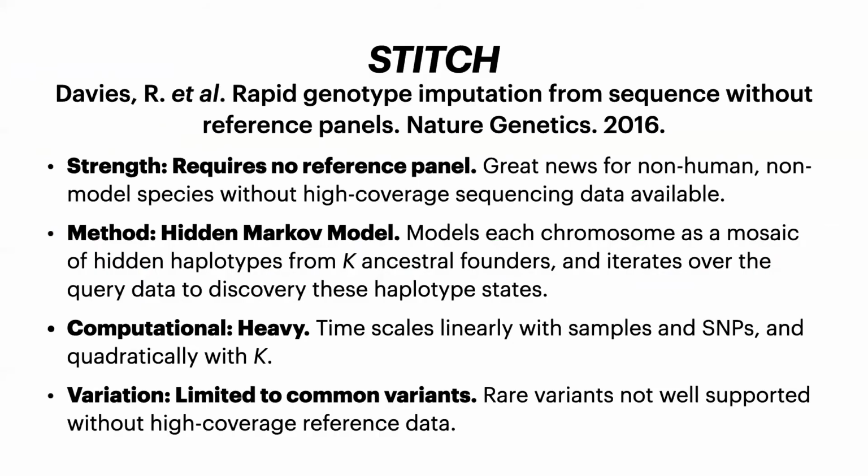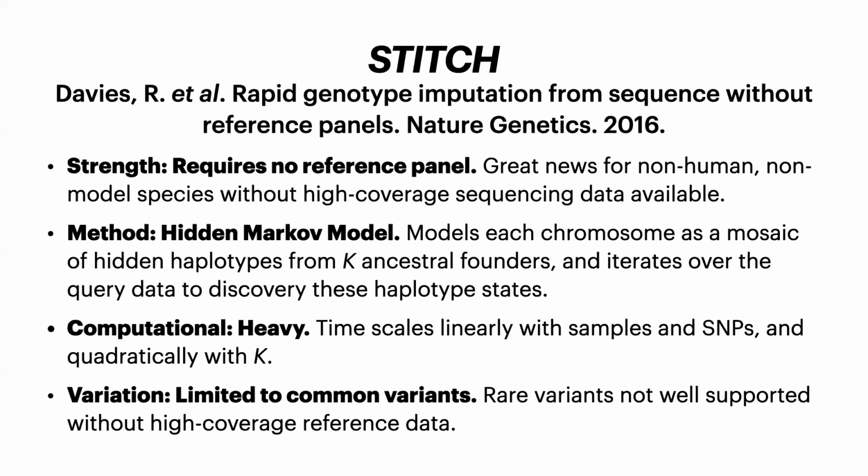Now I'm going to talk about 3 different methods. The first I thought might be very relevant for species that are underrepresented in sequencing data, and that's the method called STITCH. The strength is that this method requires no reference panel. That high coverage reference panel I mentioned earlier, you don't need it to run STITCH. This is good news for non-human and non-model species that don't have that high coverage data available.